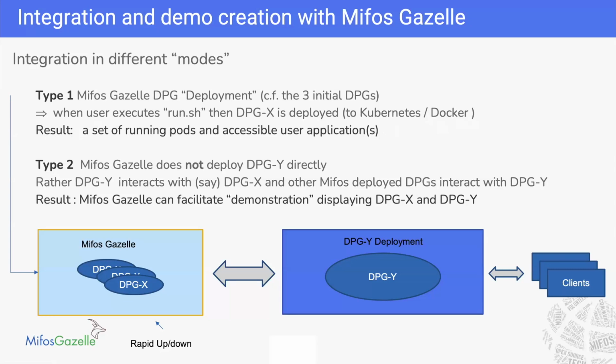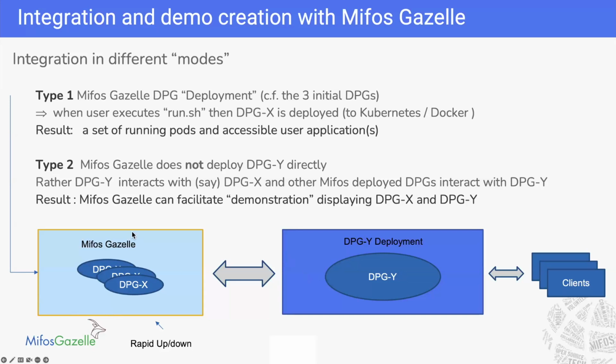But I think if you own or are part of an organization that has a DPG, I think there's type 2. So on the left box in light blue, you see the current deployment, the type 1 deployments of the digital public goods, and then type 2 integration is where that might work with potentially your cloud deployment of your digital public good. Let's call it digital public good Y, DPGY.